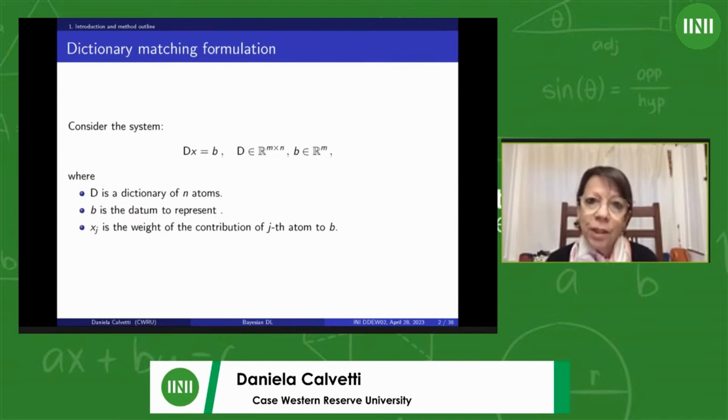Many times we have the past collected in D, and we have a new signal coming, and we want to represent it in terms of the atoms, although there may be some discrepancy between the representability and what we can actually do. I'll discuss this as I move along.